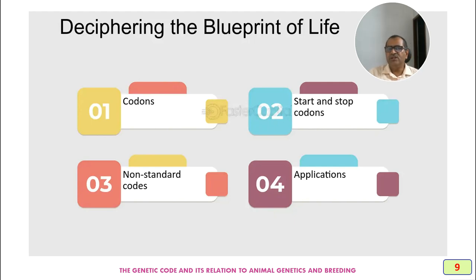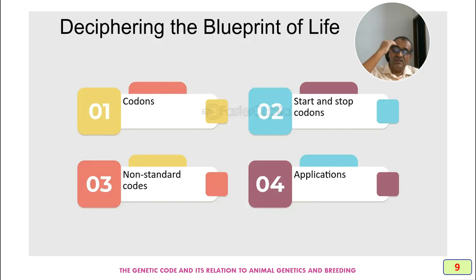For example, there is one codon, and there are the start and stop codons. Codons direct the gene for particular multiplication and to synthesize the required type of proteins. The third one is the non-standard codons.